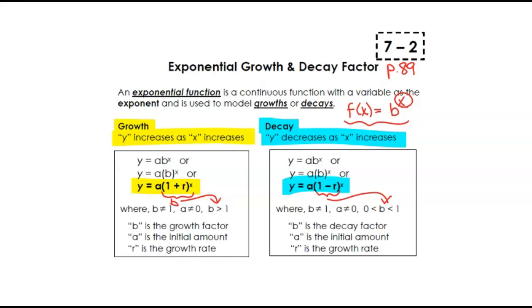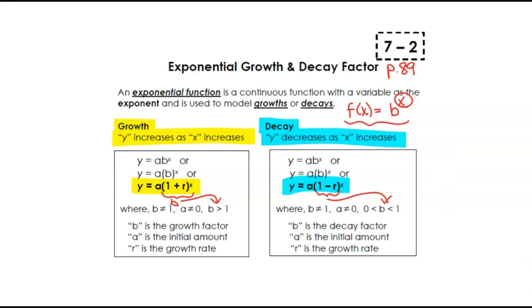Remember, b can't be less than 0, so it's got that bottom boundary right here. But it also can't be more than 1, because then it would be growth. So something in between 0 and 1, so like 0.25 or 5/8, a decimal or fraction between 0 and 1. If that were my b value, then I would have exponential decay.